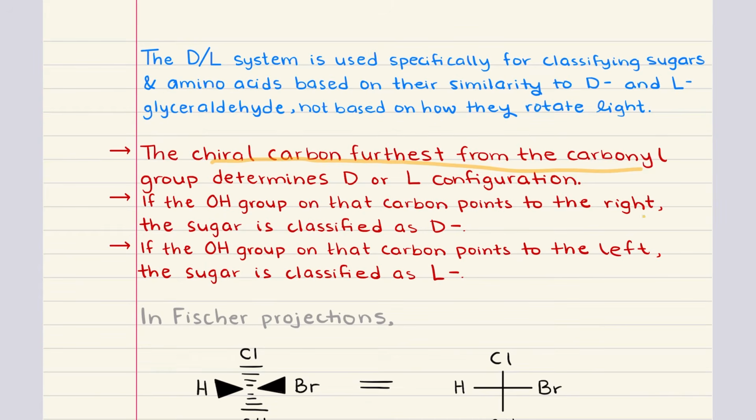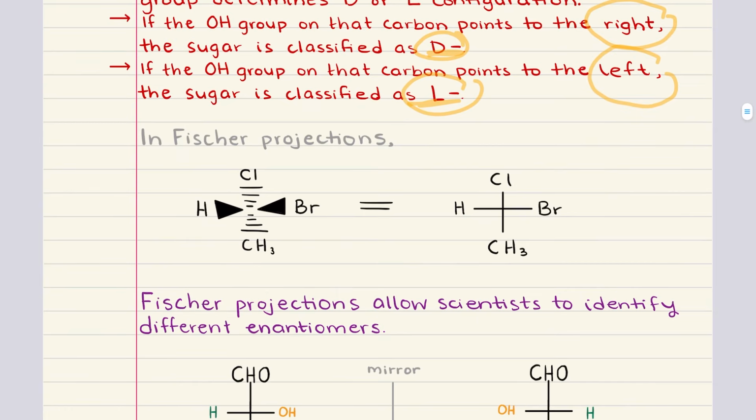If the hydroxyl group on that carbon points to the right in a Fischer projection, the molecule is classified as D. If it points to the left, it's going to be classified as L. So right means D, left means L, and that's it. It's as simple as that. Now this system, again, applies specifically to Fischer projections. These are standardized 2D representations of molecules that are used to convey stereochemistry.